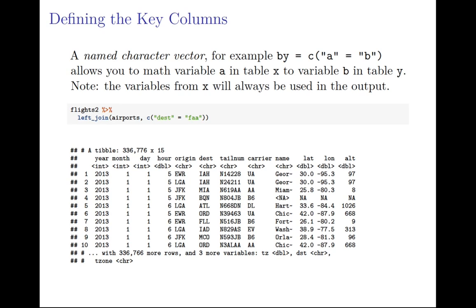So here you can see that we're left joining flights and airports by dest from flights and faa from airports. And in our resulting data frame, you can see that dest still remains, but that was the faa column from airports.